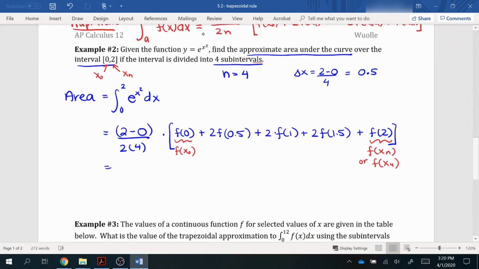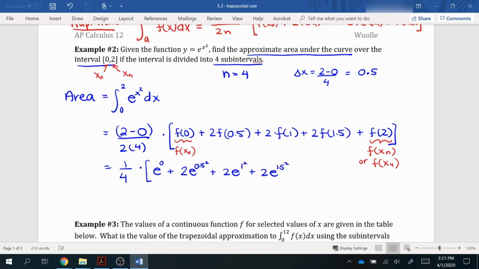So this is 2 over 8, which gives me 1 over 4, times e to the 0, plus 2e to the 0.5 squared, plus 2e to the 1, plus 2e to the 1.5 squared.